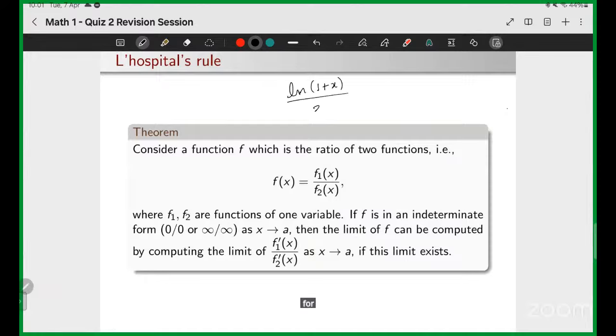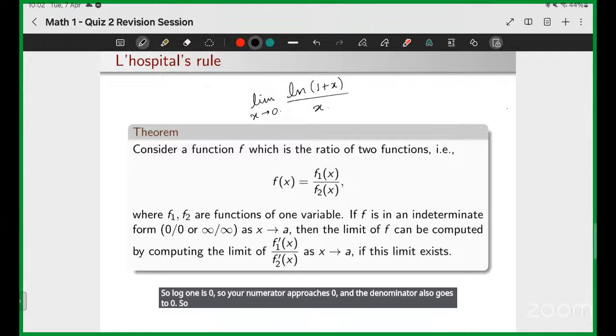For example, you can do this. This is better. So limit as x goes to 0. So what form is this in, this limit? 0 by 0. So log 1 is 0. So your numerator approaches 0 and the denominator also goes to 0. So this is in 0 by 0 form.